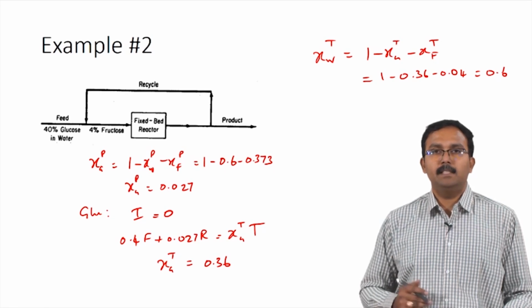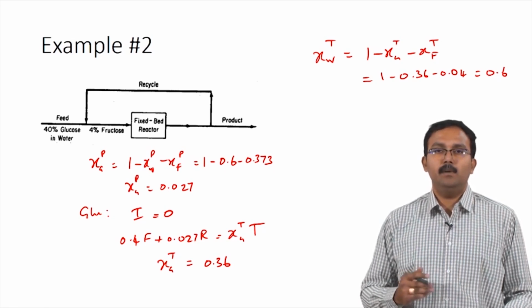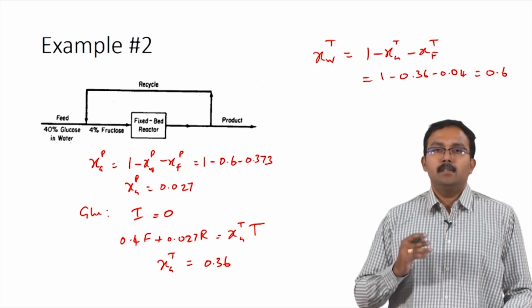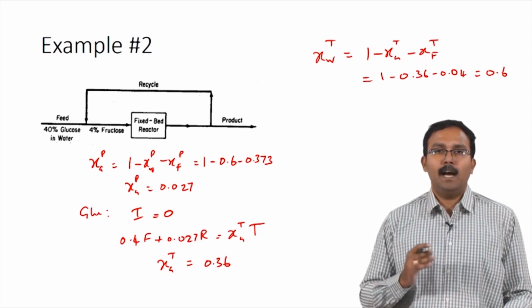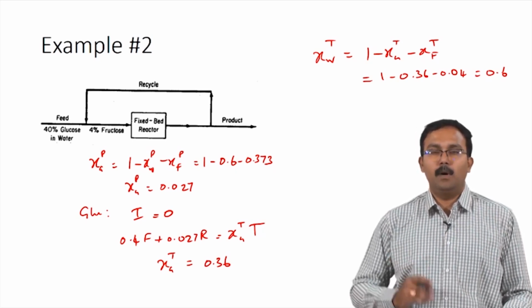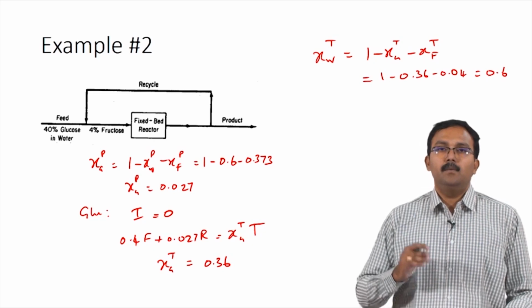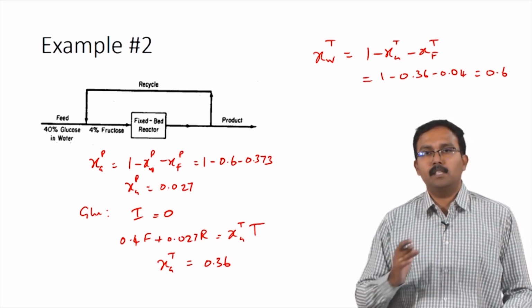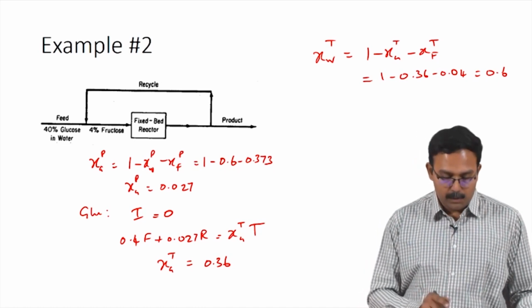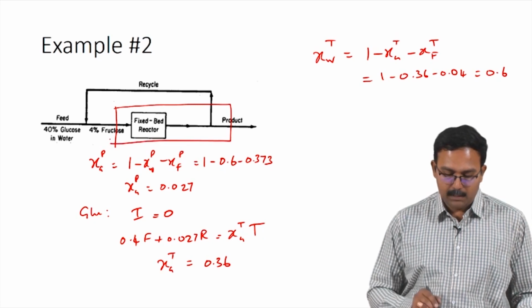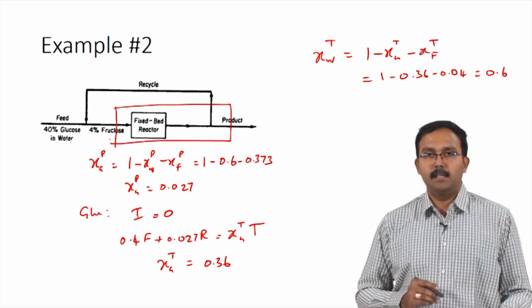We still need to calculate the single pass conversion for the system. For calculating the single pass conversion, we need to identify an appropriate system to study. The appropriate system would have to allow the reactants to pass through the reactor only once. This means we need to ensure that the total feed is what is crossing the system boundary. So, we will choose the fixed bed reactor with the splitter as the system for our study.